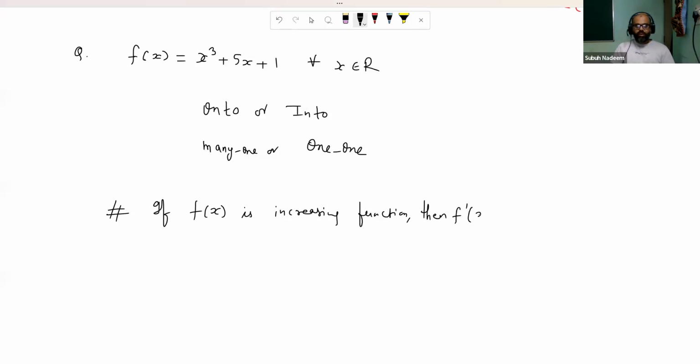You use the derivative. f dash x is greater than 0. And if f of x is a decreasing function, then its derivative is negative. So you have to take help of this concept a little bit.